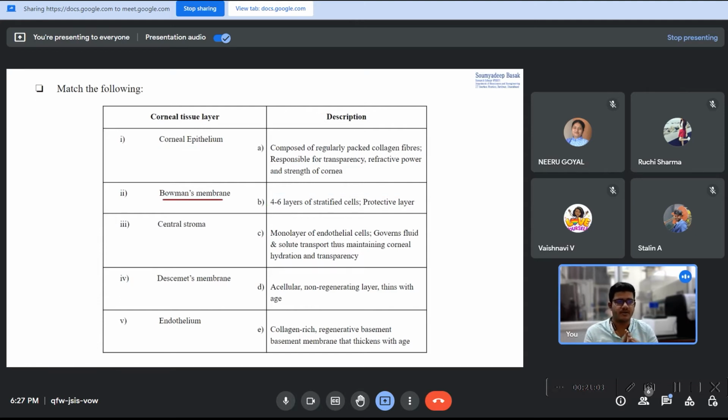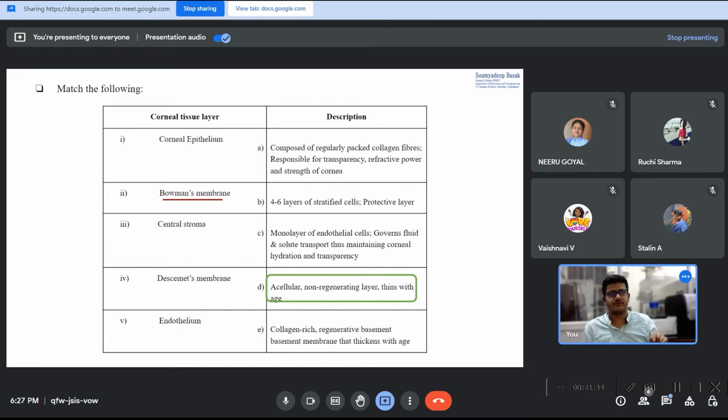Next is Bowman's membrane. What will be there? See, this Bowman's membrane will be thinning out with age, and Descemet's membrane will be thickened, right? Let's not get confused. Bowman's membrane is an acellular layer. Descemet's membrane is also an acellular layer, but Bowman's membrane will be thinning out with age.